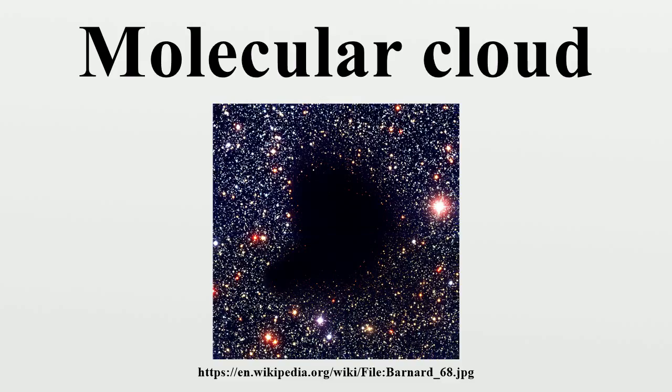GMCs are so large that local ones can cover a significant fraction of a constellation, thus they are often referred to by the name of that constellation, e.g., the Orion molecular cloud or the Taurus molecular cloud. These local GMCs are arrayed in a ring in the neighborhood of the Sun, coinciding with the Gould Belt.